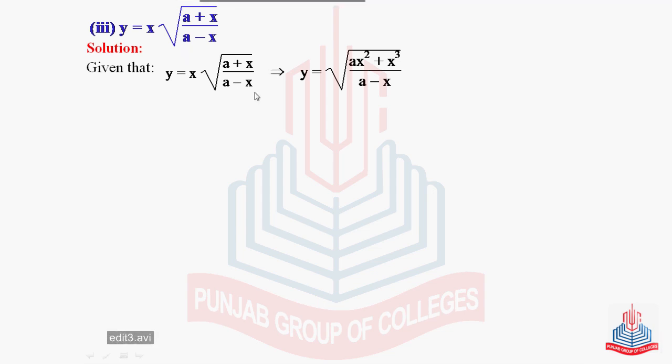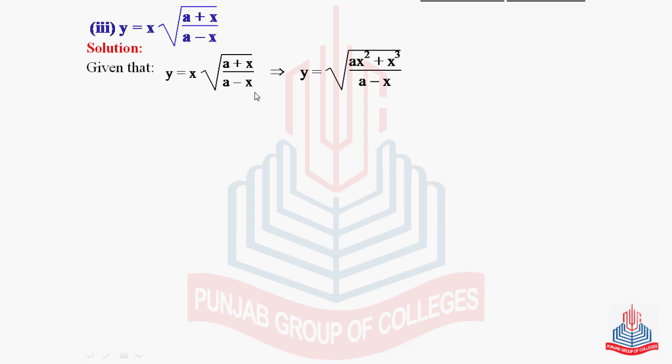As we can see, in our first two parts there was a single function which is in the power, but here we have two parts, x and this whole thing. So we can form a single function by entering this x into this power.